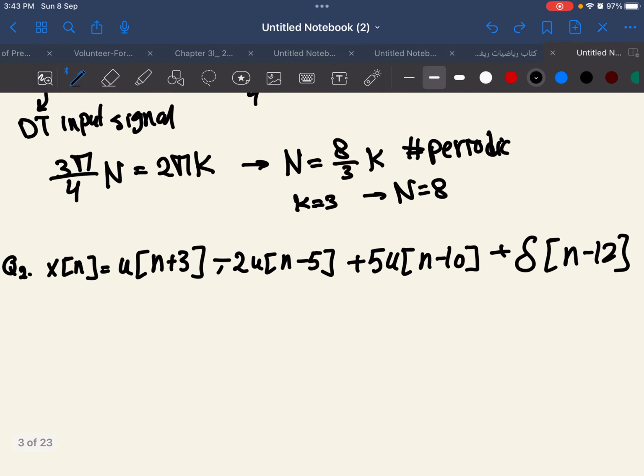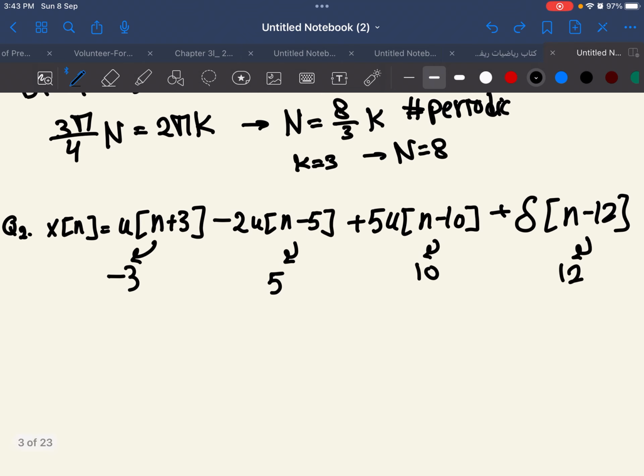First of all, I'll be determining the important values here. Because they are inside parentheses, we have negative 3, here 5, here 10, and here 12.